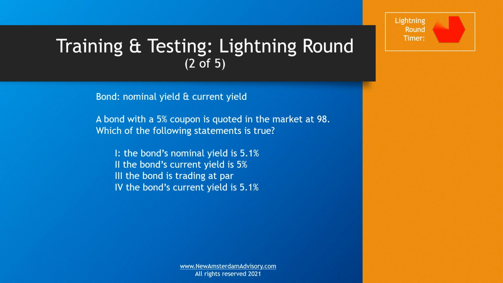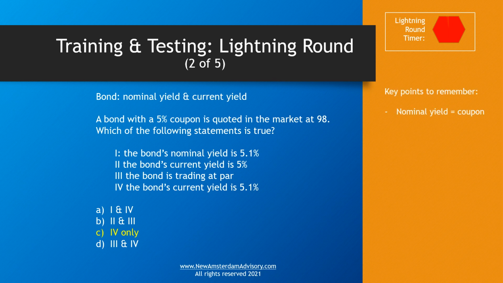It's annual income divided by the market value. So we know that the bond is not trading at par. It's below par. We know the coupon, the nominal yield, is 5%. And we now know the current yield is 5.1, meaning the only right answer here is option number 4.